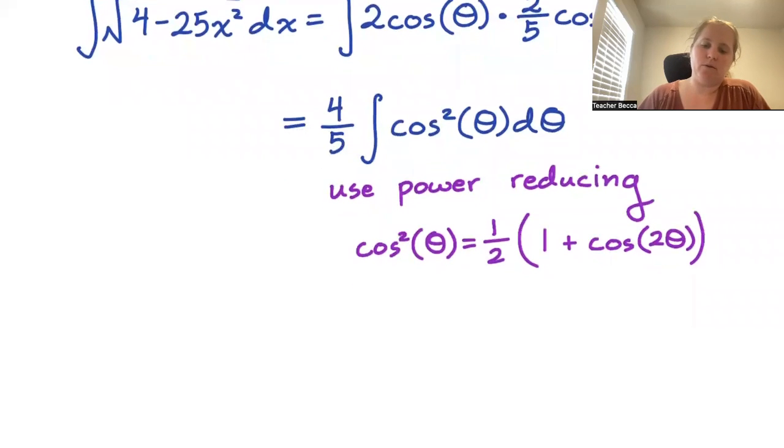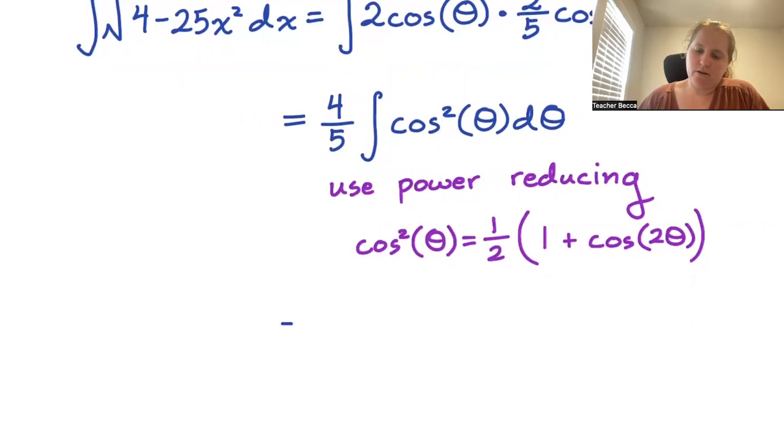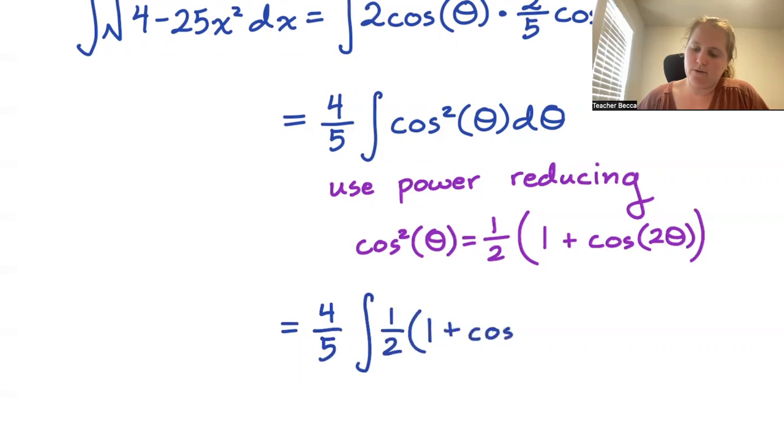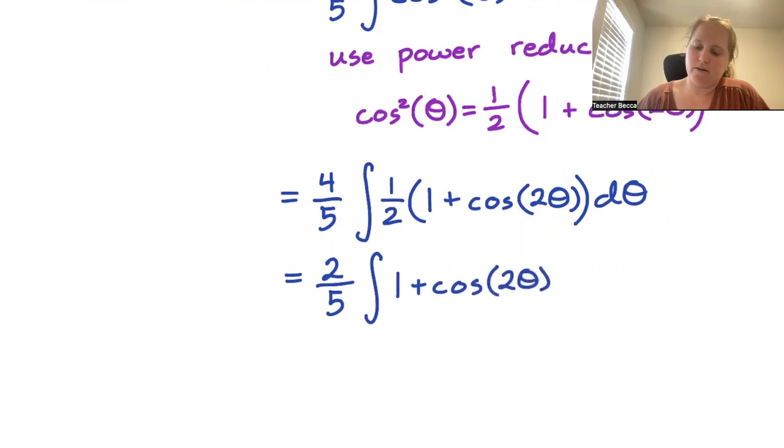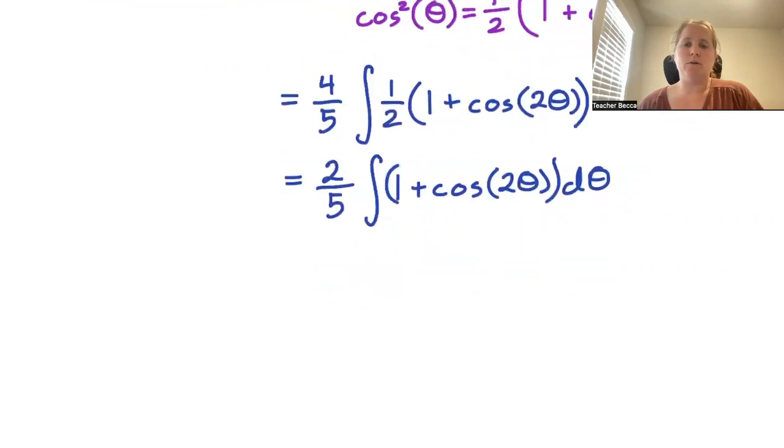And so our integral now becomes 4/5 times the integral of 1/2 times 1 plus cosine of 2 theta d theta, or 2/5 times the integral of 1 plus cosine of 2 theta d theta. At this point, we can do our integral.